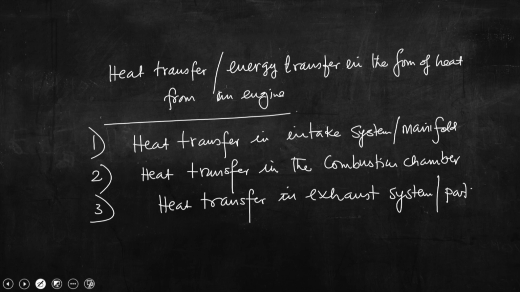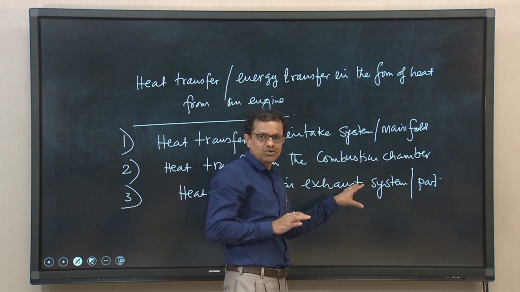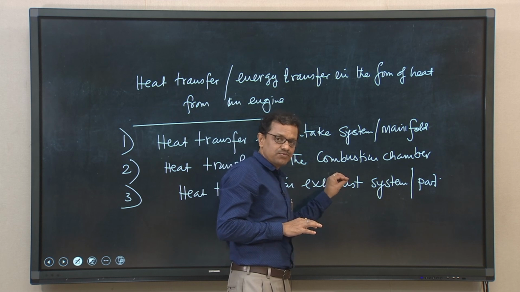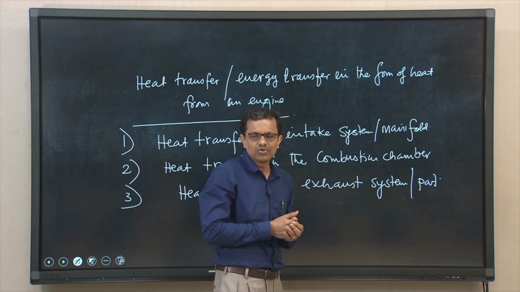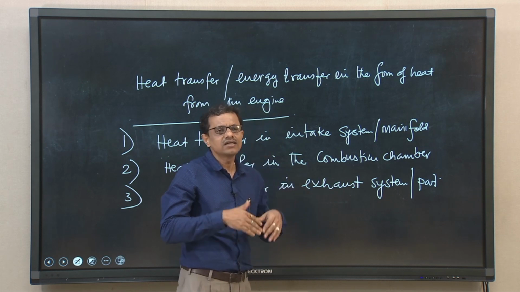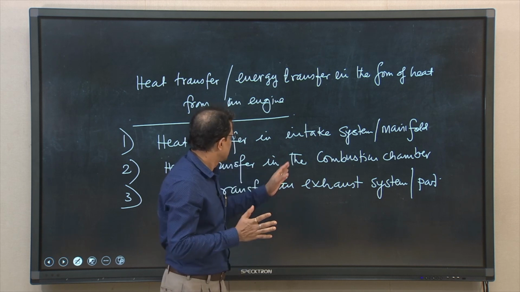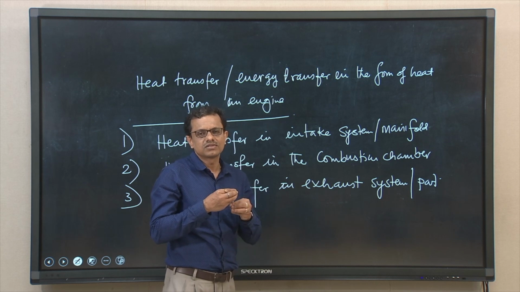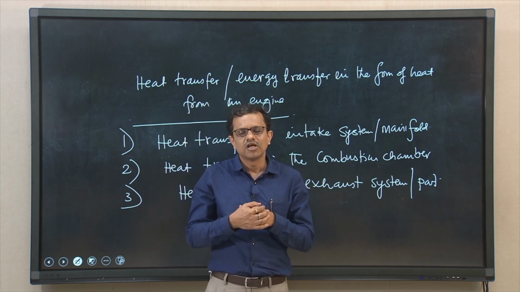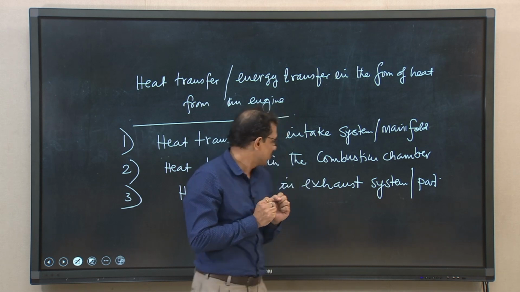We have discussed that the intake system is to some extent, but in the exhaust system it is not so easy to remove or transport heat, because it is not possible to have any cooling system. Mostly you have to rely on conduction and certainly some convection from the outer surface of the exhaust manifold into the ambience. In the intake system also, but we shall discuss several other possibilities by which it is really possible to transport a certain amount of heat from the combustion chamber.